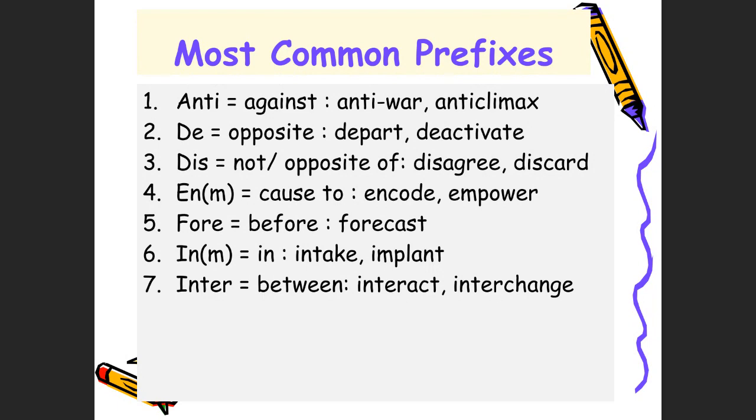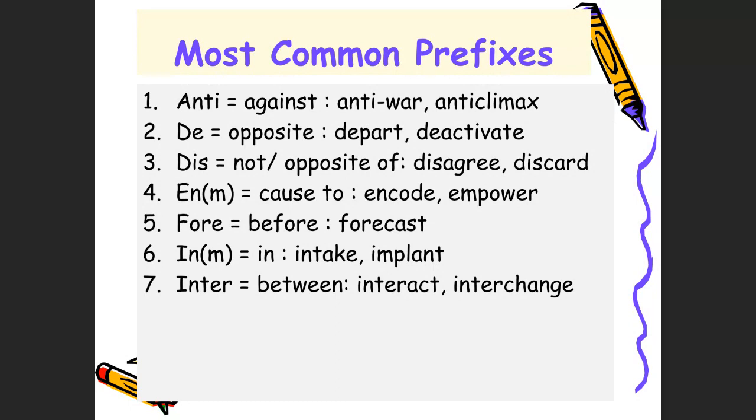A ver. Decrease. Good. Decrease. Very good. Decode. Yeah. Good. Excellent. Decode. Perfect.